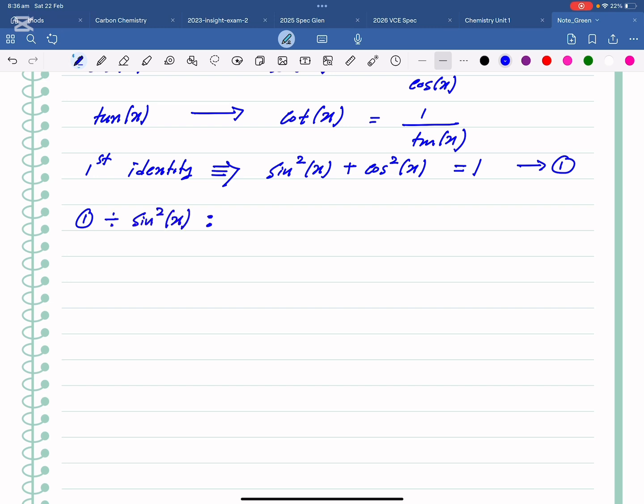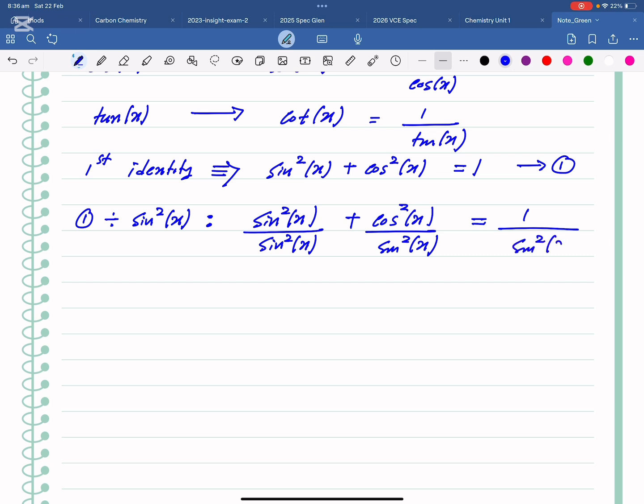So it's going to be sine squared x divided by sine squared x plus cos squared x divided by sine squared x equal to 1 divided by sine squared x.